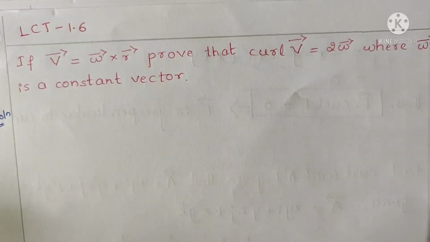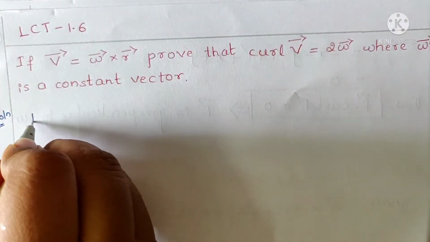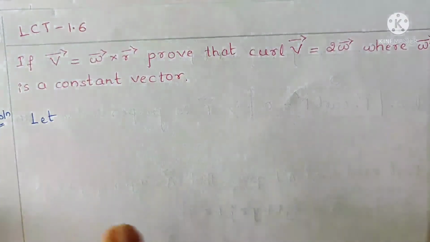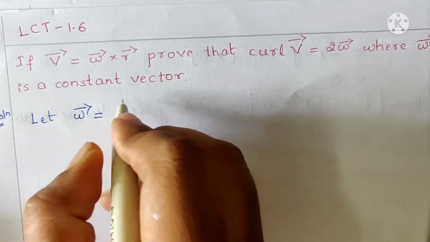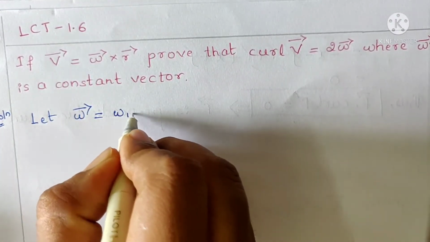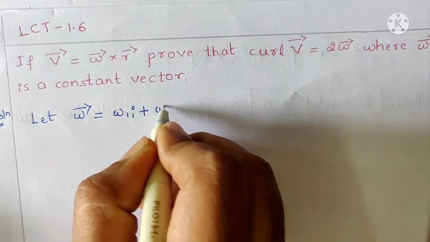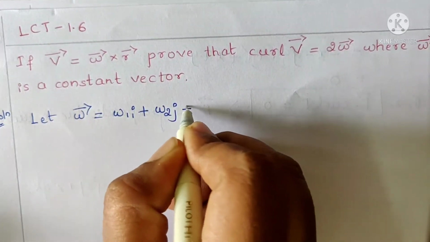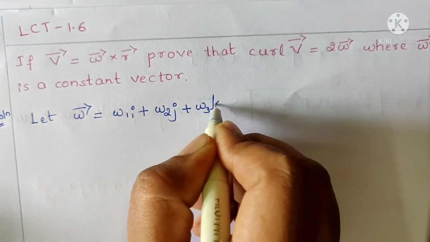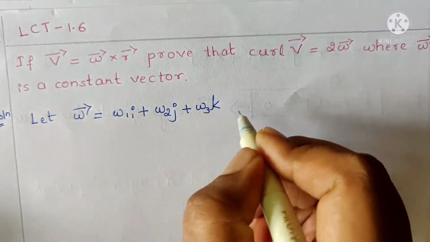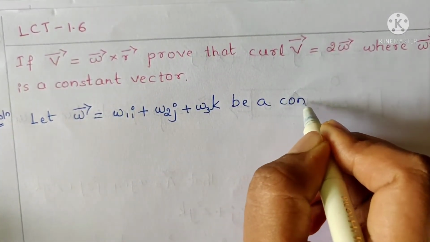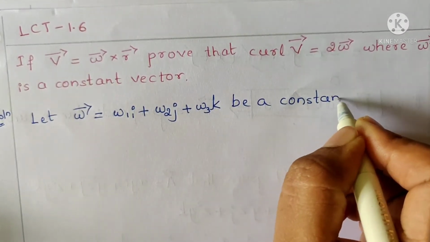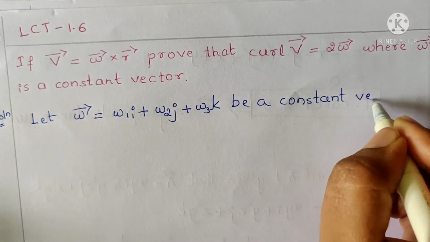So, let vector w be w1i plus w2j plus w3k, a constant vector.